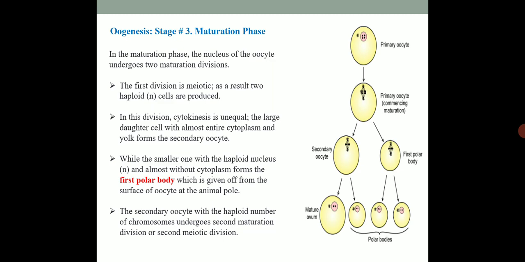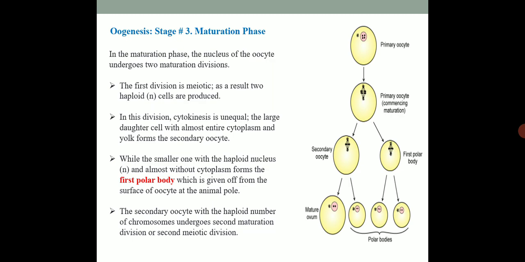Along with that, the smaller one with the haploid nucleus n and almost without cytoplasm forms the first polar body, which is given off from the surface of the oocyte at the animal pole. So first what you find is the secondary oocyte along with the first polar body.